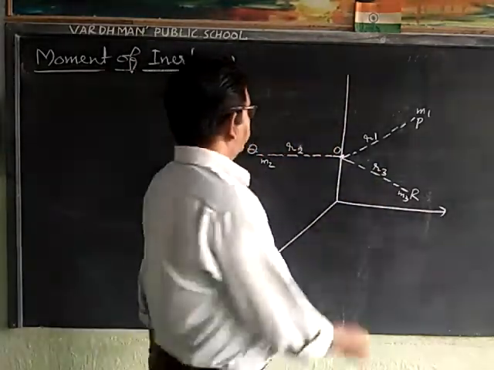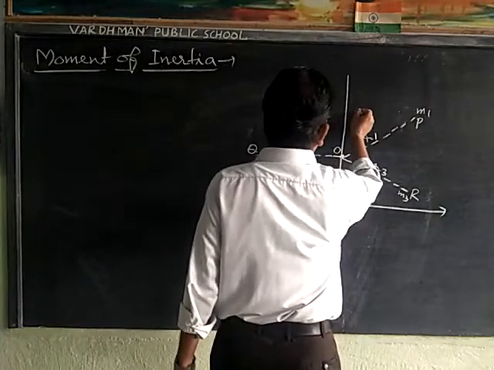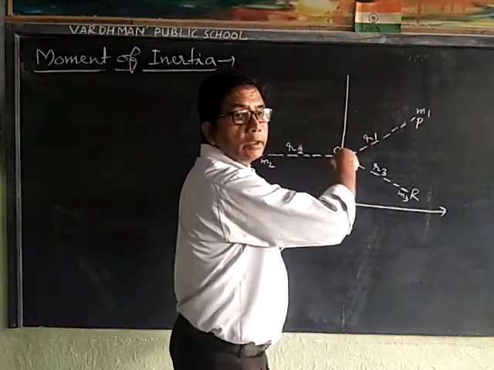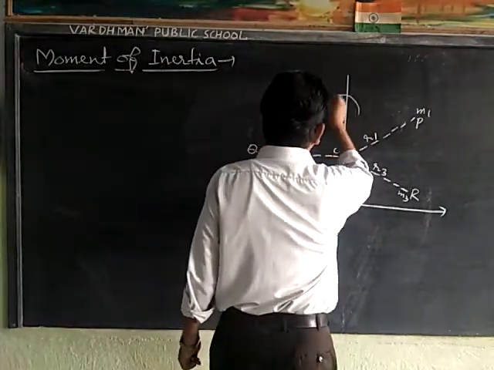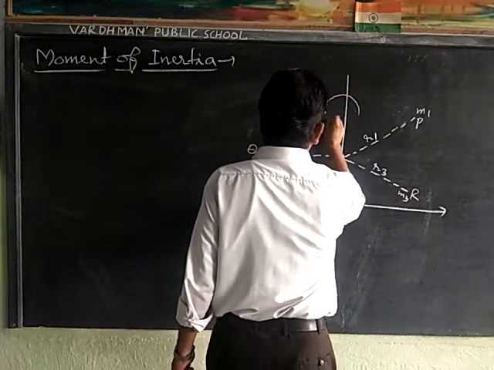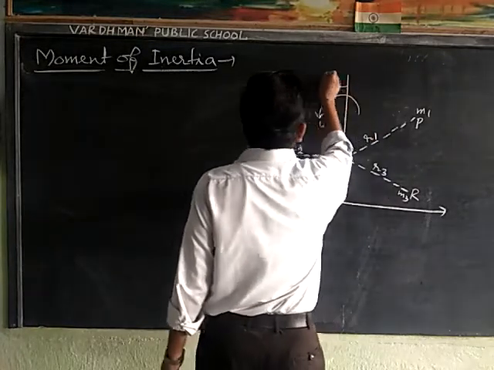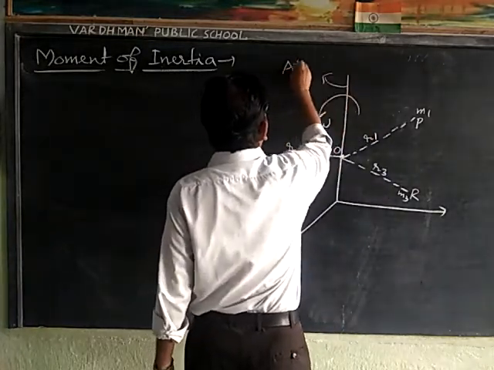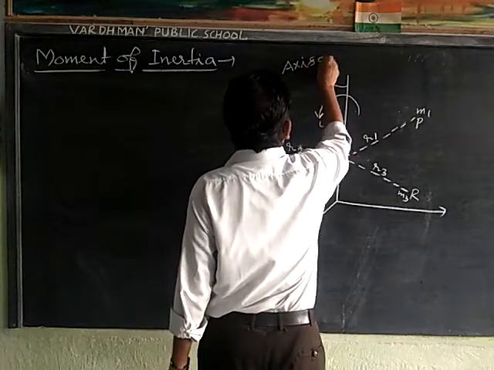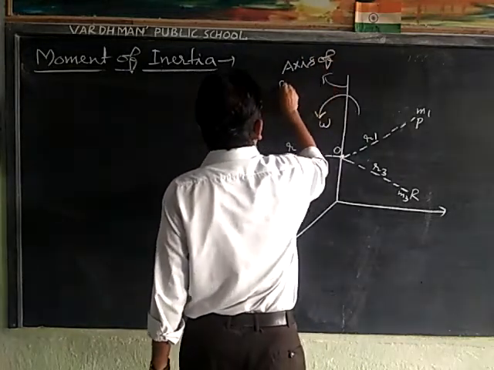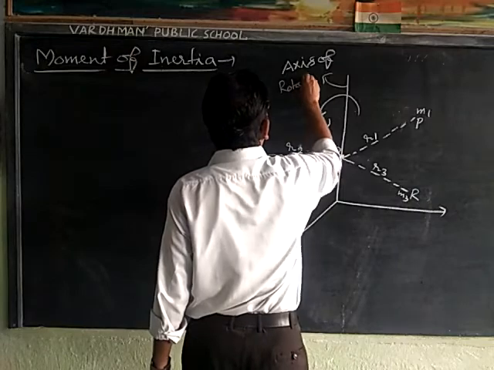Consider this is rotating, this is angular velocity omega, this is the axis of rotation.